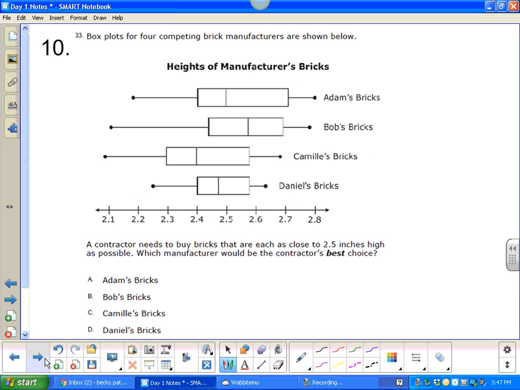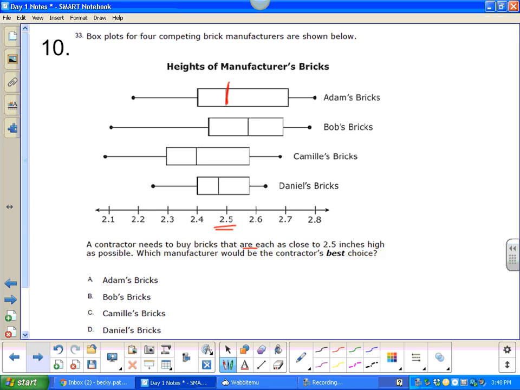Box plots for 4 competing brick manufacturers are shown below. A contractor needs to buy bricks that are each as close to 2.5 inches high as possible. Which manufacturer would be the contractor's best choice? Most of the people pick Adam because his median is really close to 2.5.